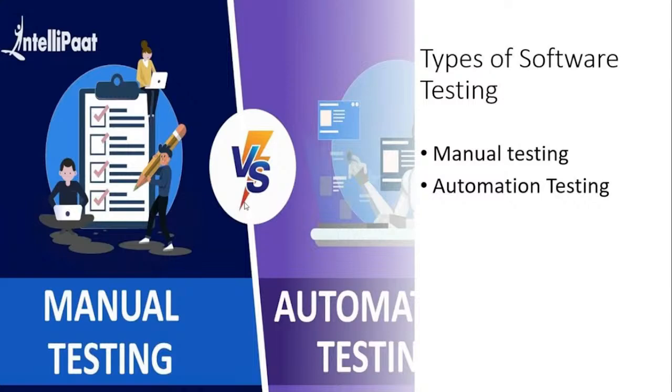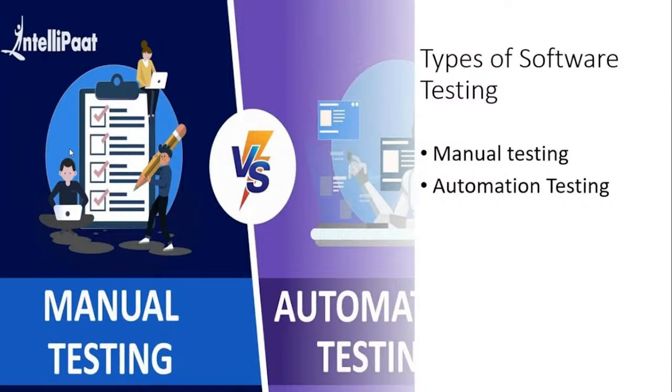One thing you have to understand, even in automation there will be a little manual intervention. In manual testing of 100 blocks, you test each and every block. But in automation, you just initiate the process and the rest is done by the tool only. So that is the difference between manual and automation.